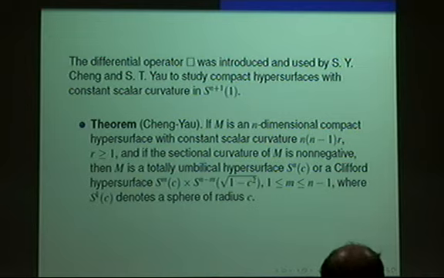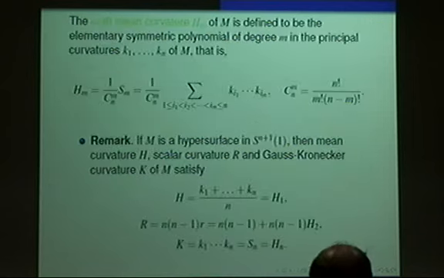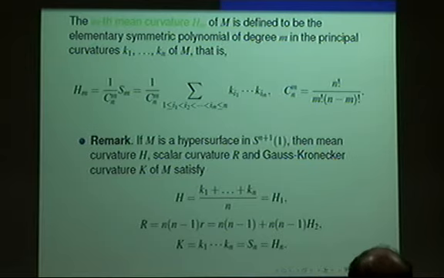So this is the first 2 operators. Next, I give the higher order mean curvature H_m. The m-th mean curvature H_m of the hypersurface M is defined to be the elementary symmetric polynomial of degree m in the principal curvatures k_1, ..., k_n, where k_1, k_2, ..., k_n are the principal curvatures of M. Here H_m is defined by this formula, from which we can get the definition of S_m, where C_n^m is a combination number.